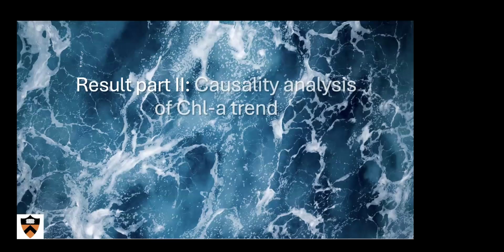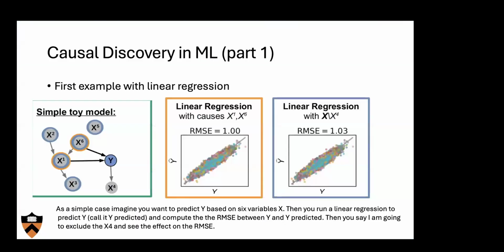So now I want to go to the second part, where you want to analyze not a prediction in time, but causally related to a different dataset, in this case the trend itself in chlorophyll. Now, this is actually a toy model, just to emphasize a lot again at this point that this methodology, in which you exclude a variable and then see the impact in the skill, might not actually lead to causality.